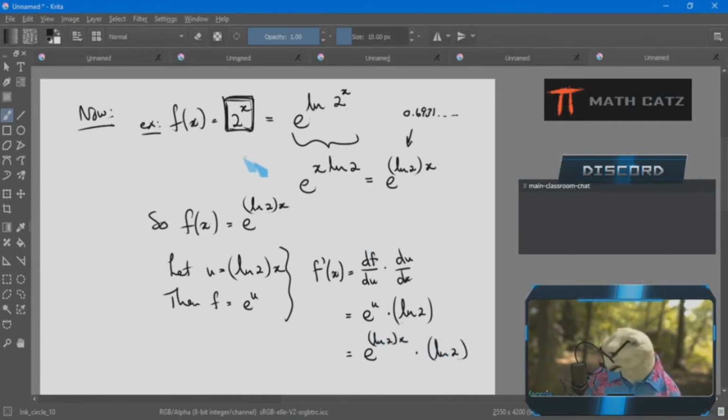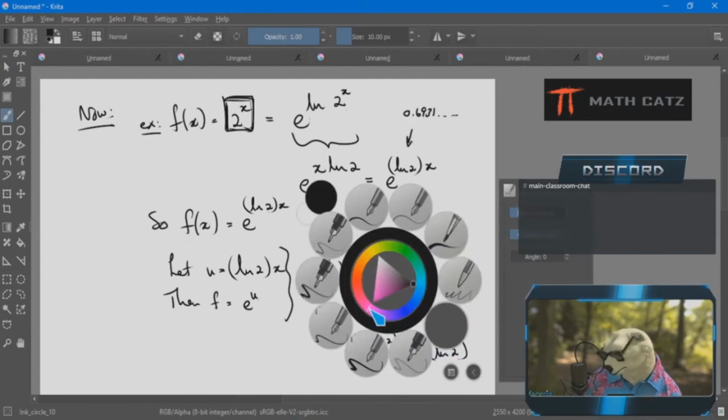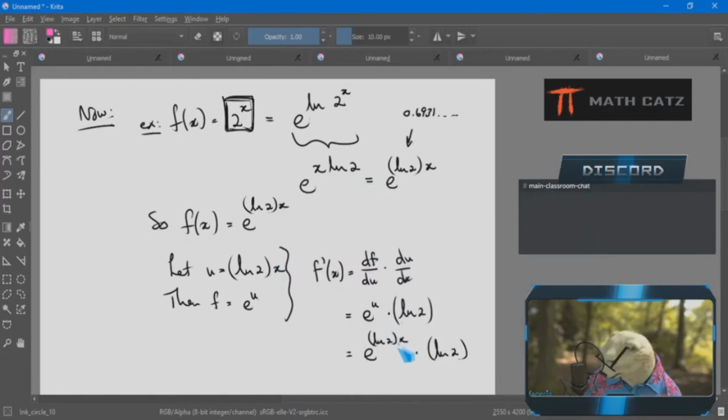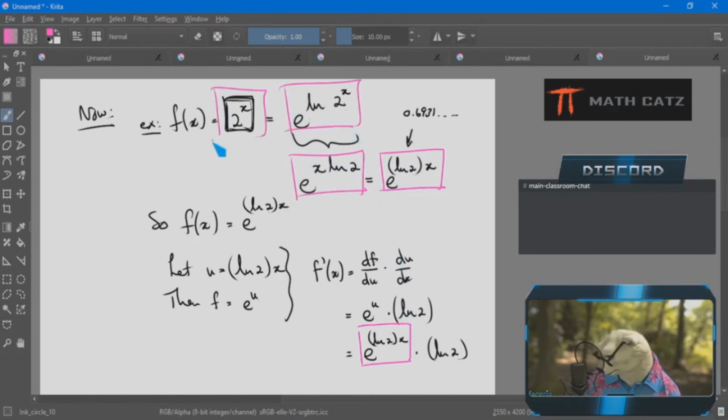But now have a look here. Let's use some color. Have a look at this. This guy is exactly the same as this guy up here, which was the same as this guy, which was the same as this guy. They're all equivalent.